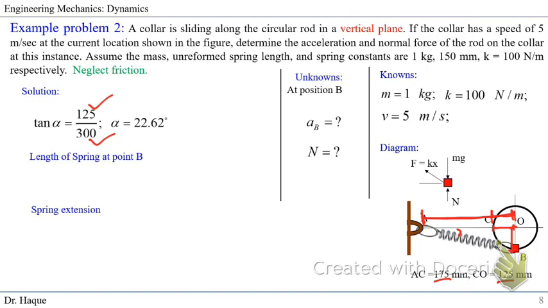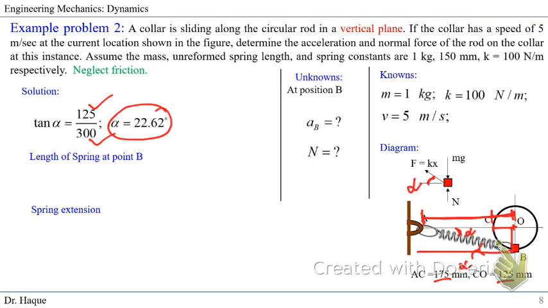If we assume this angle is alpha, which will be the same if I draw a parallel line, then we can find it by taking tan alpha equals 125 over 300, and alpha is 22.62 degrees. So we found this angle.